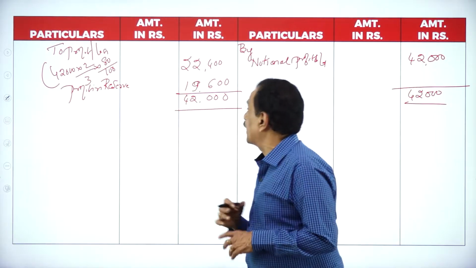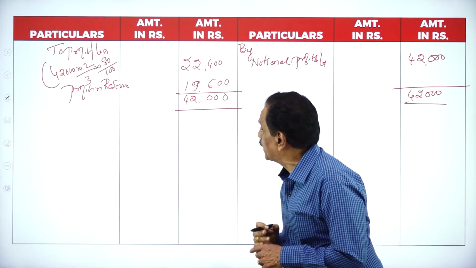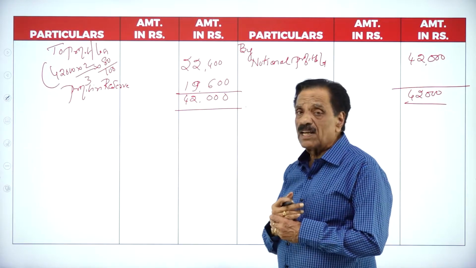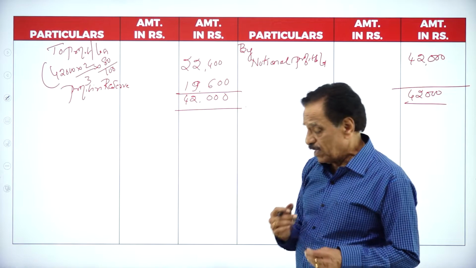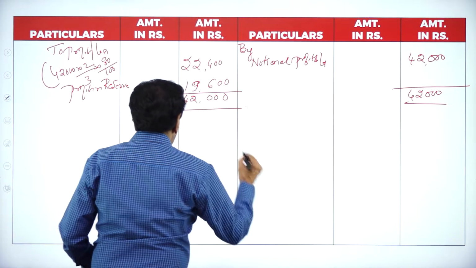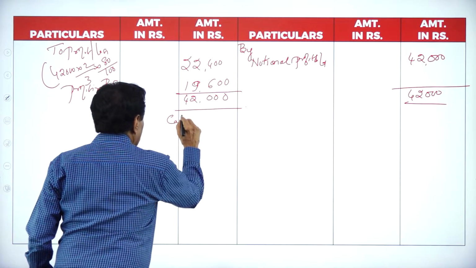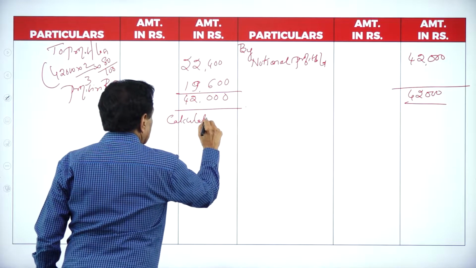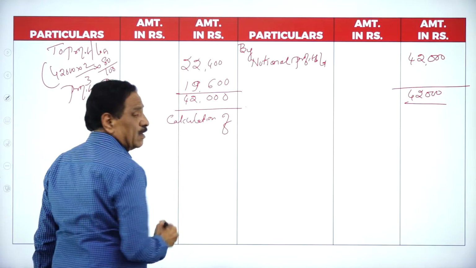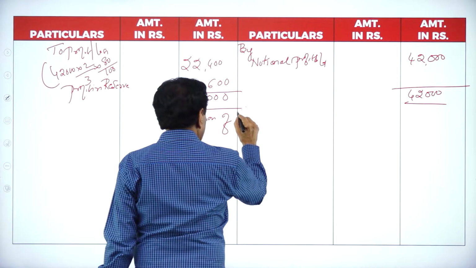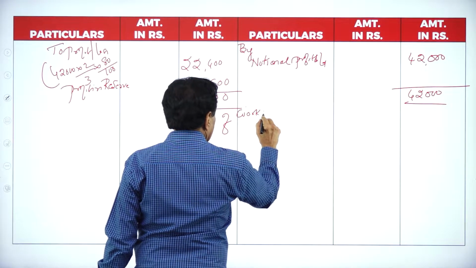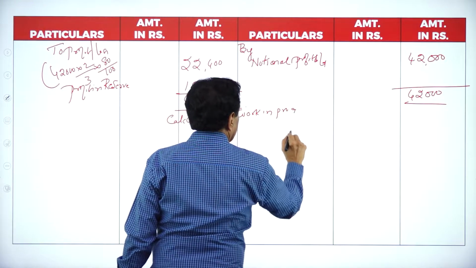Out of that profit transfer to profit loss account 22,400 minus profit in reserve 19,600. Then here you write calculation of work in progress to balance sheet.